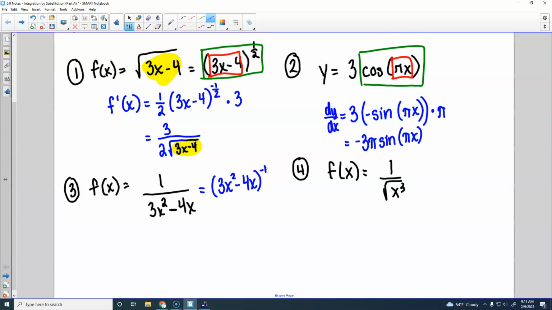Okay, so if we write it that way, now we can just use chain rule. So our derivative would be, we'll have -1 times 3x squared minus 4x to the -2 power, and then we would need to multiply by the derivative of the inside, which would be 6x minus 4.